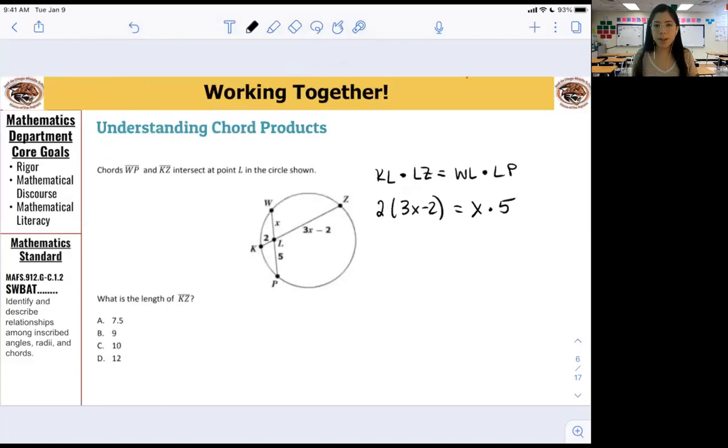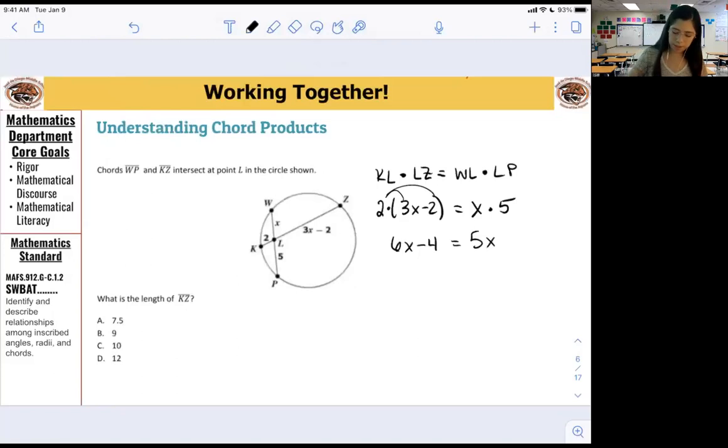Okay, so I'm just writing in everything that I have. Well, on the left side, I'm going to distribute. Distributing all the way across. If you didn't go all the way, you probably got the wrong answer for x. So we get 6x minus 4 equals 5x. What should I do now to both sides?